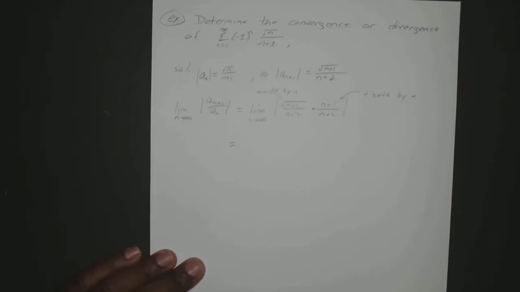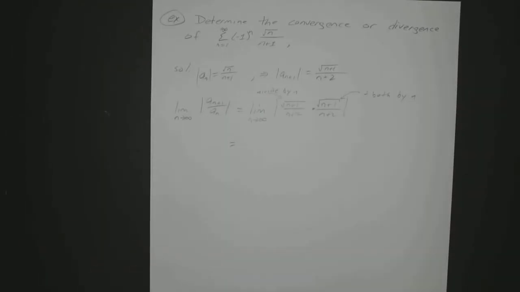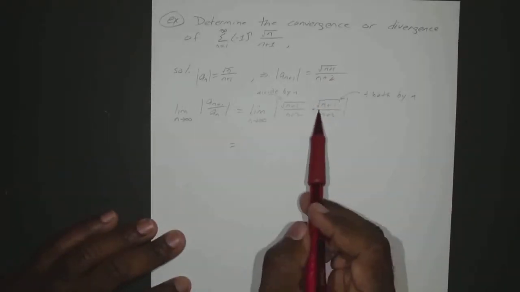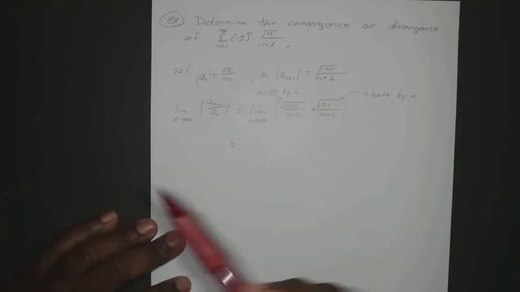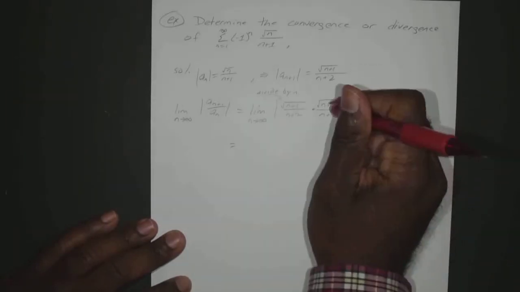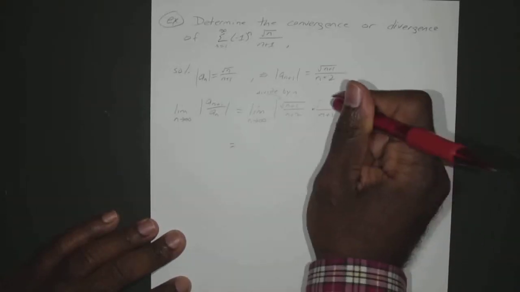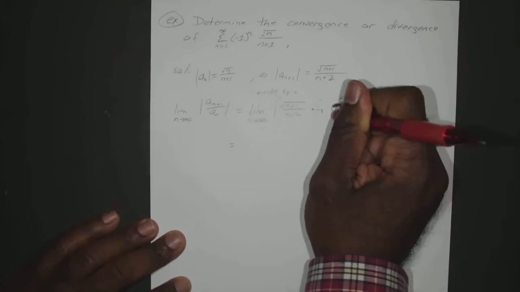Where did the square root of n go from a sub n? On the right side, you got n plus 1 divided by n plus 2. I forgot my square root of n. Ah, there we go. Thank you. But you don't have a plus 1 in there. That's the a sub n in the second term, a sub n plus 1. Where's the square root of n? Why did I put n plus 1 there? What the hell did I do?